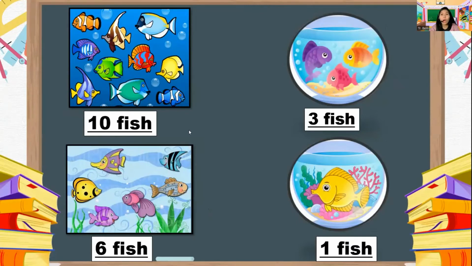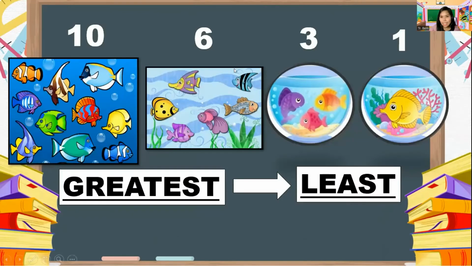Oh, this is how did Teacher Bam arrange the fish? So the first set we have here 10. The second one we have 6. The third one we have 3. And the last one we have 1. So how did I arrange the sets? Okay, so if your answer is from greatest to least, then you are correct.